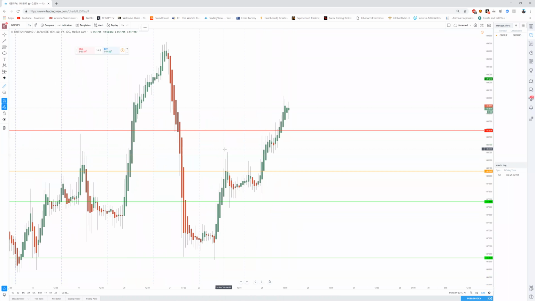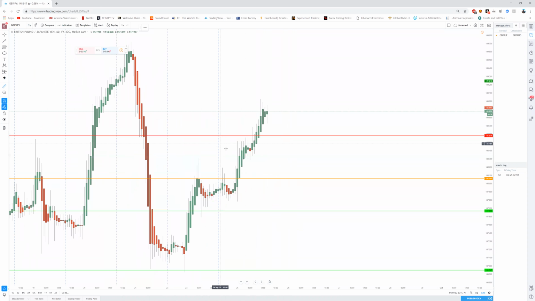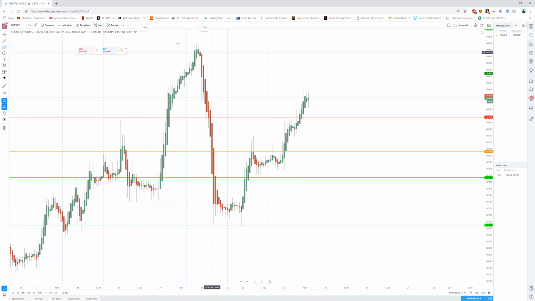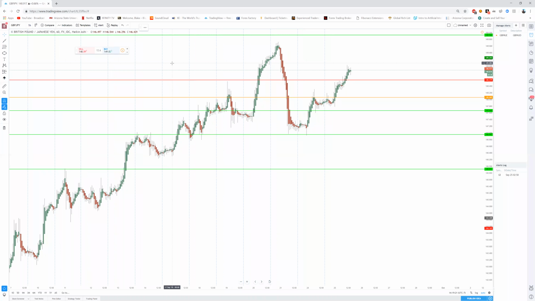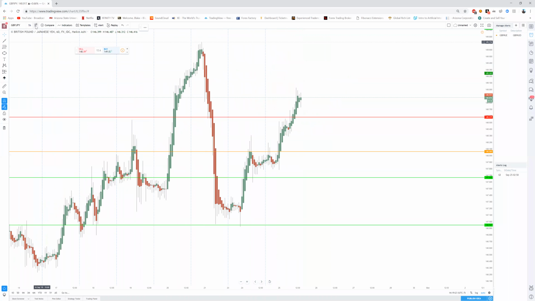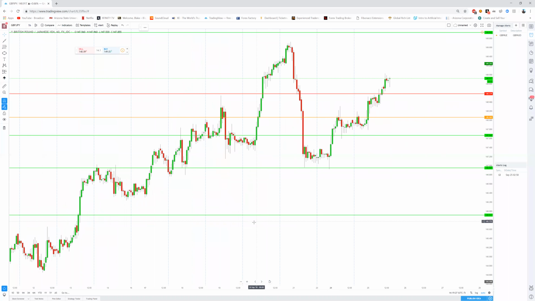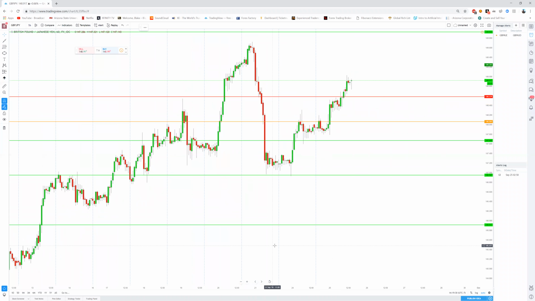I do see the inverted head and shoulders a little bit. Yeah, for GJ, I wouldn't recommend going into a trade right now. It appears that it just wants to continue long term to go up and short term to go down.